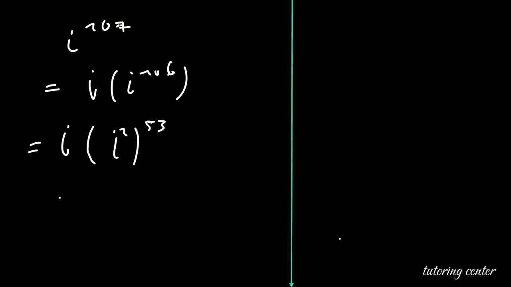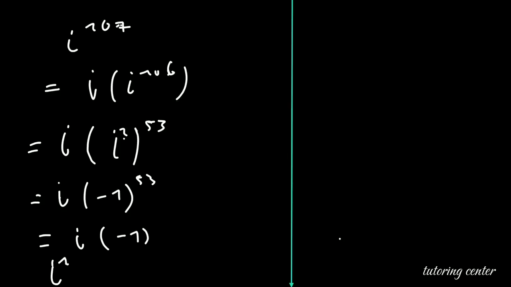Now i squared is -1, so we copy (-1) to the power 53. Remember, 53 is an odd number, so -1 to an odd power is simply -1. It therefore means i to the power 107 simplifies to -i.